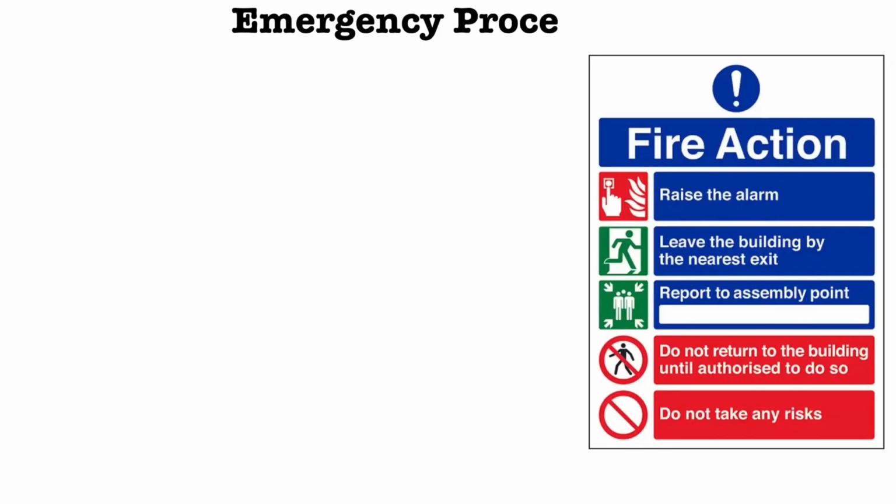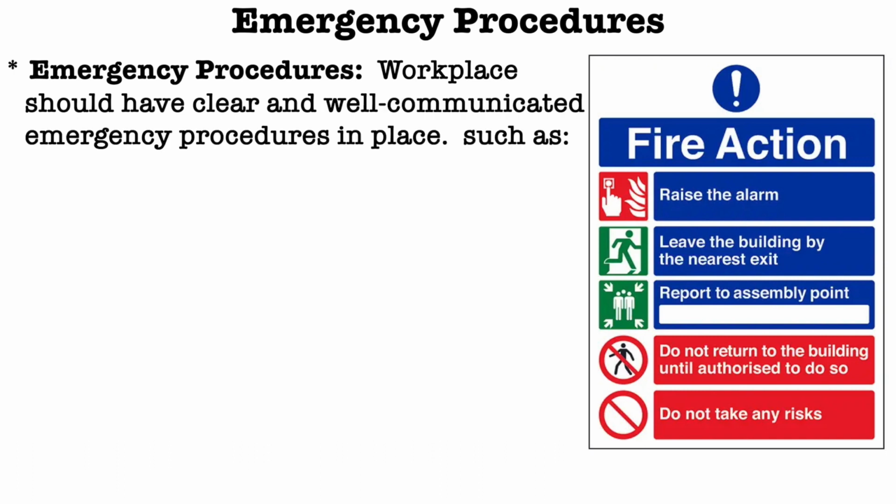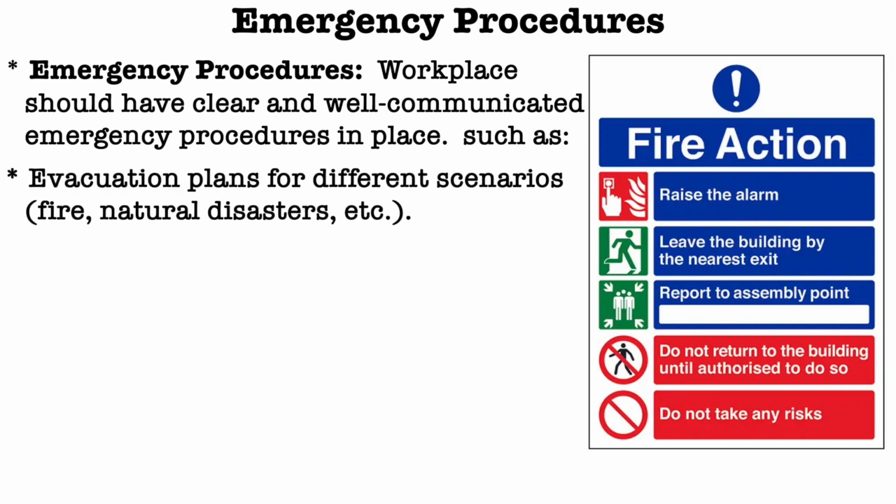Next one is emergency procedures. A workplace should have clear and well communicated emergency procedures in place, such as an evacuation plan for different scenarios, like if there is any fire or a natural disaster.